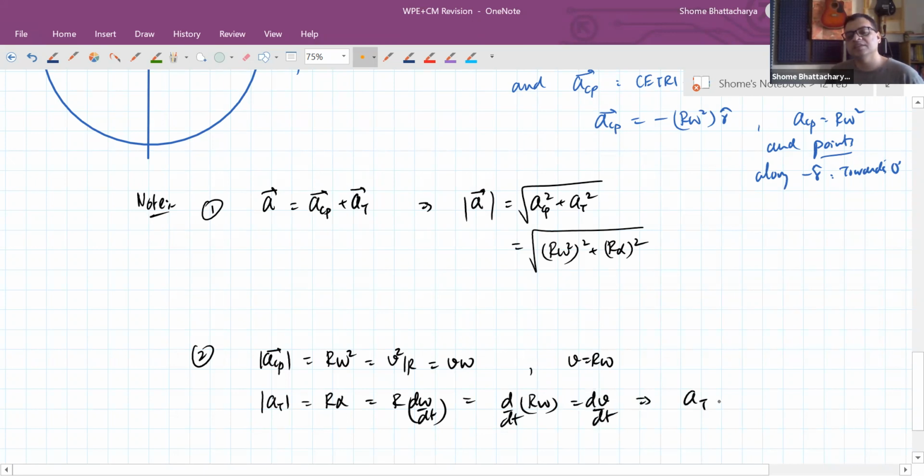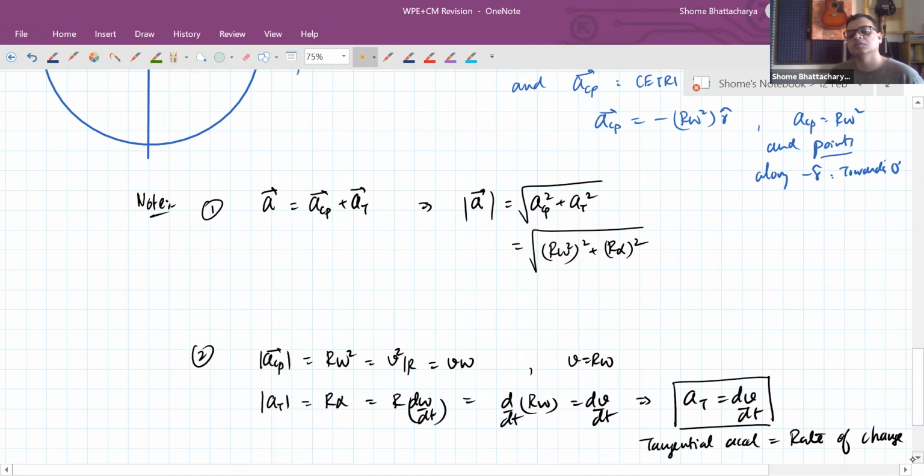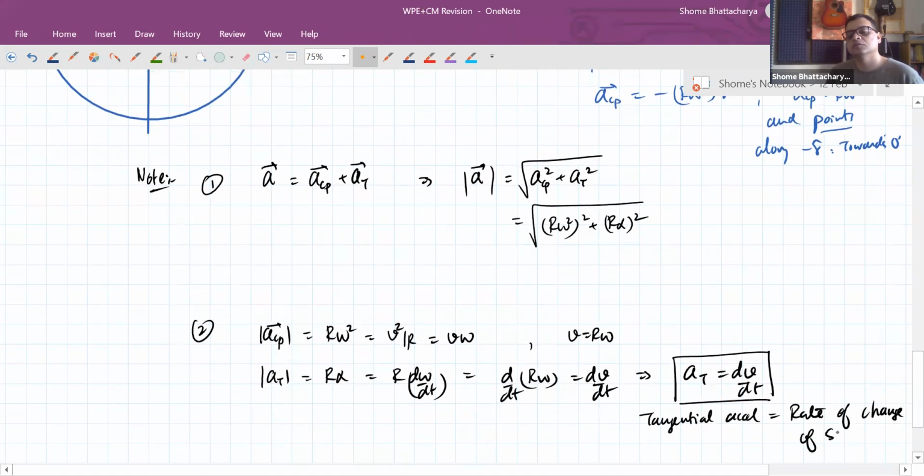So that means the tangential acceleration's magnitude equals the rate of change of speed. So tangential acceleration equals the rate of change of the speed, that is the magnitude of the velocity. So that's another important consequence of this derivation.